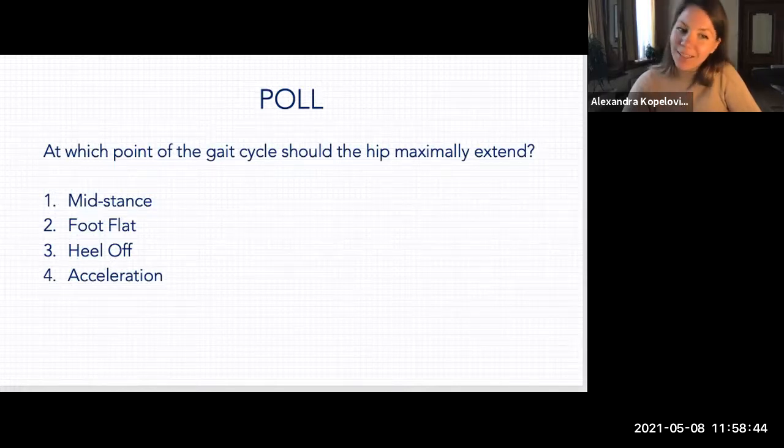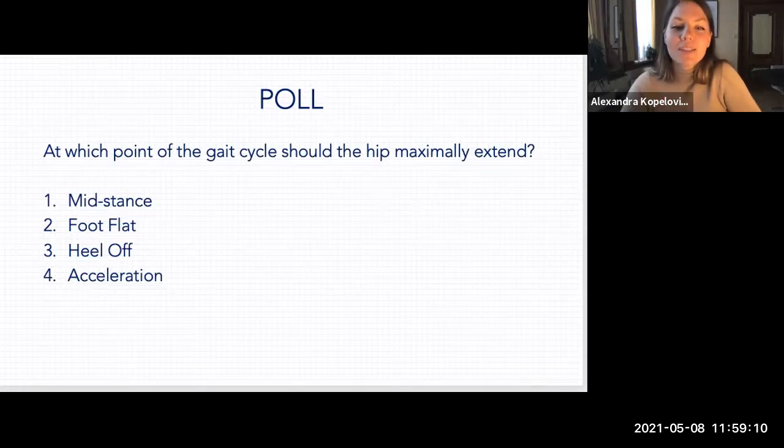Is it foot flat, heel off, or acceleration? Let's take a look. I'll give you 20 more seconds to go. Almost there, and end it.